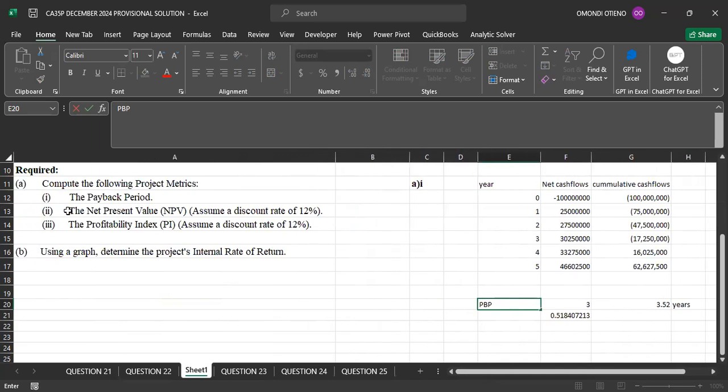So we've answered Roman 1 of the question. Then they're telling us to come up with the net present value, assuming a discount rate of 12%.